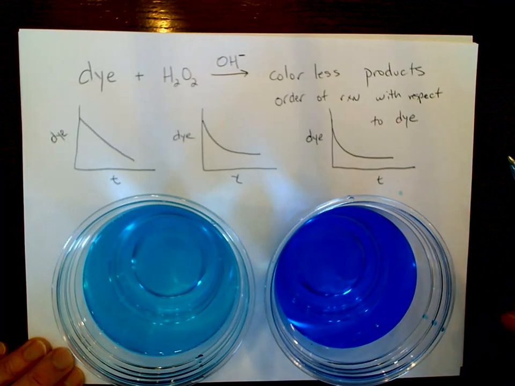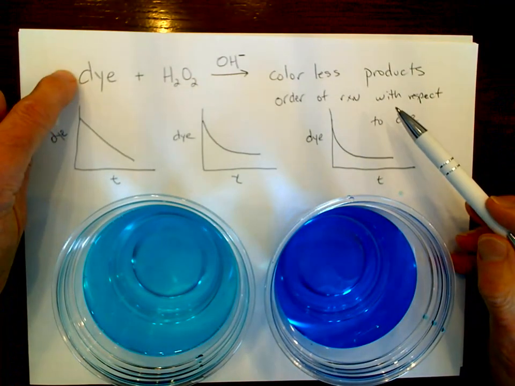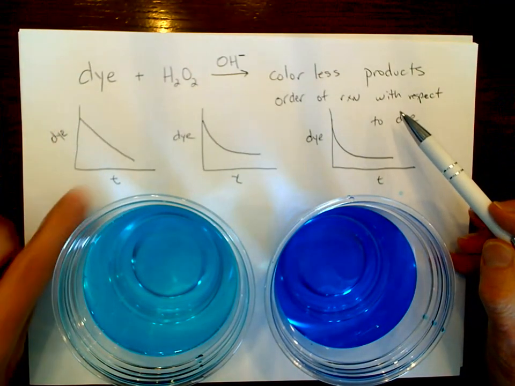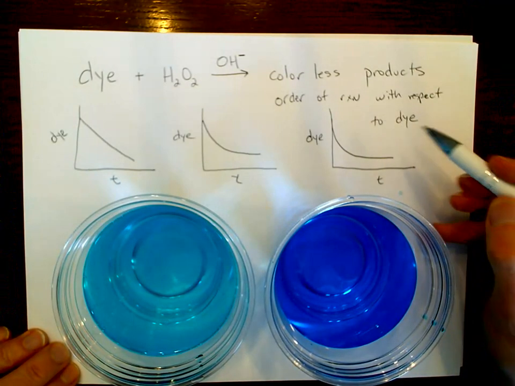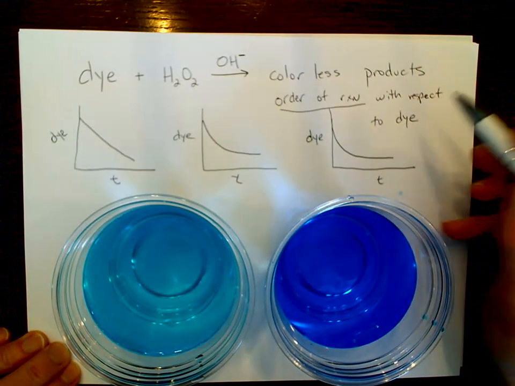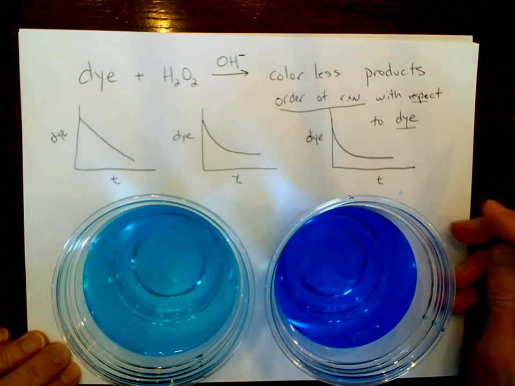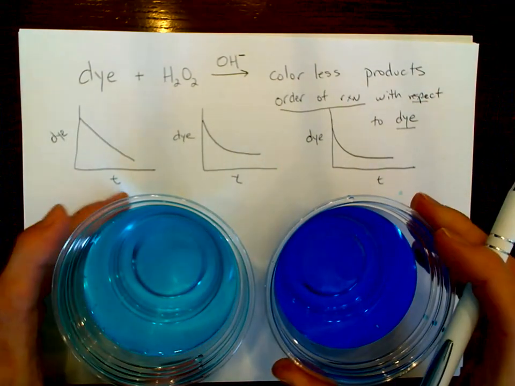So by monitoring the concentration of a particular reactant with time, you can get information about the order of the reaction with respect to that particular thing that you're monitoring.